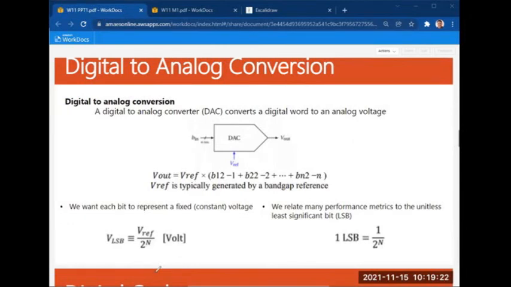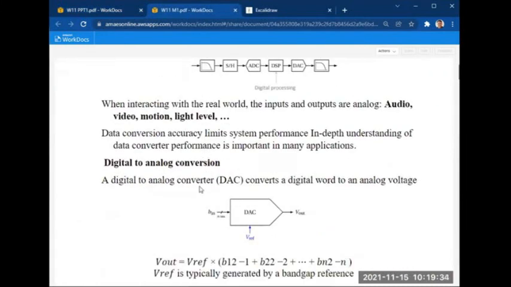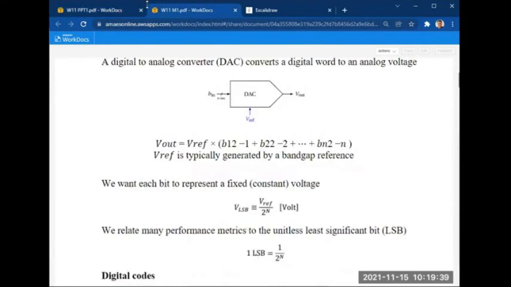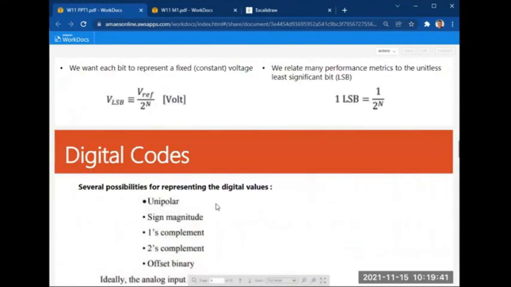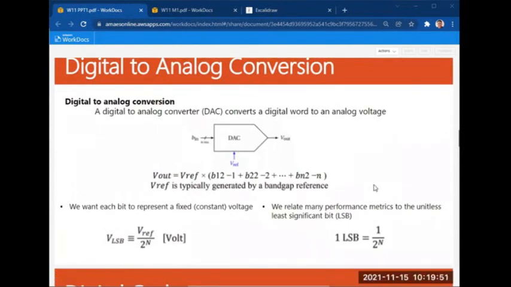We relate many performance metrics to the unitless least significant bit. When we say least significant bit, hopefully you're still familiar with it from our codes and logic gates course.